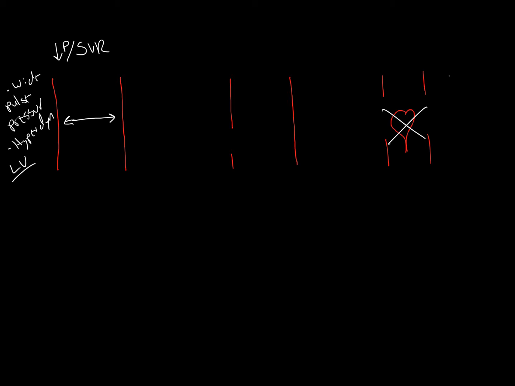So here we have a really bad version of a leaky capillary, all right? So we have volume needs, decrease volume, so decrease preload. All right, so we don't have enough stuff going back to the heart, therefore we can't pump anything out.